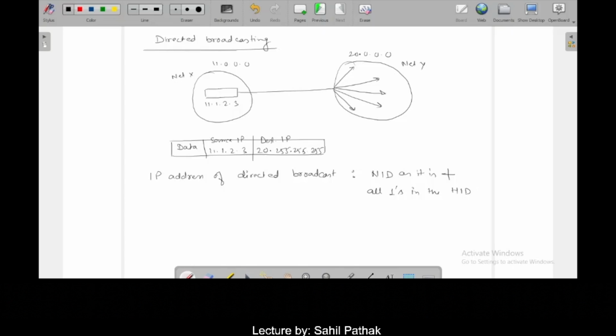So you can see over here the network ID is 20, and by putting all ones in the rest of the 24 bits, we get 255.255.255. So this is the IP address of directed broadcasting.